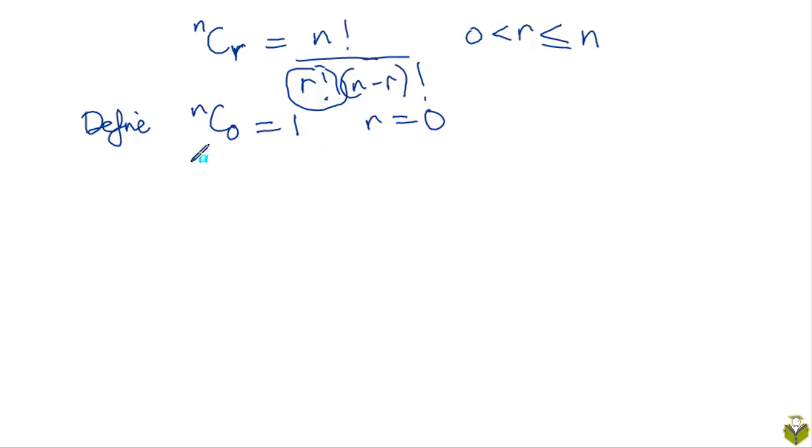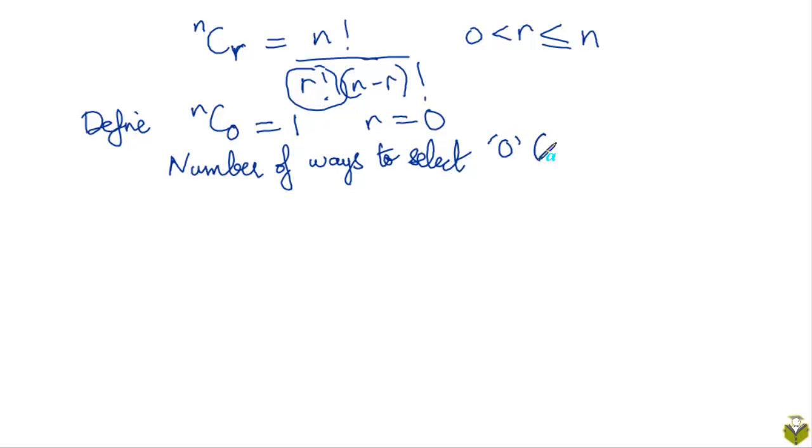We call it the number of ways to select 0 or no objects. So there is only one way to not select any object, right? If we have, say, n objects and you don't want to select any one, then there is only one way to select nothing. So that's what this is saying.